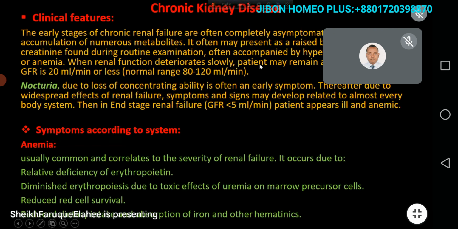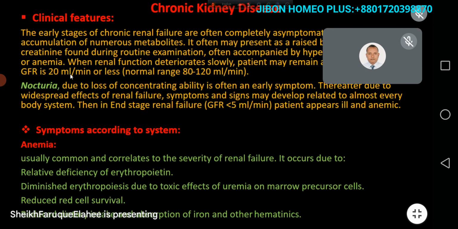So when renal function deteriorates slowly, the patient will remain asymptomatic until GFR is 20 ml. You see, one term is called GFR. What is GFR? We'll discuss it afterward. You must keep this term very soundly in your mind, because unless you know GFR, you cannot diagnose chronic kidney disease and you cannot evaluate it.